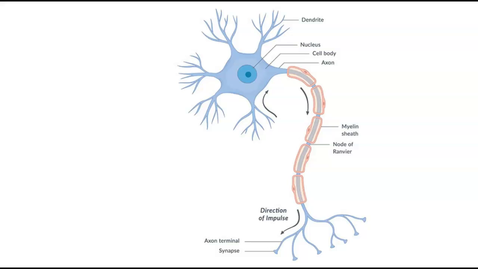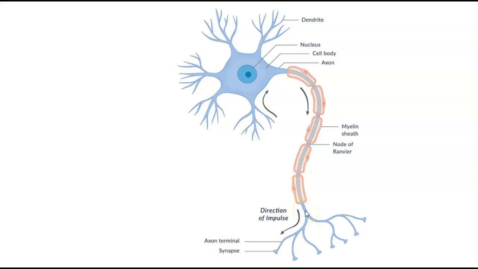You should know the basic anatomy of a neuron too. Note the fact that these things are called dendrites. This is a nucleus, which is easy to identify. The cell body is the part of the neuron that contains the nucleus. And then the exiting part of our nerve impulse follows this part.